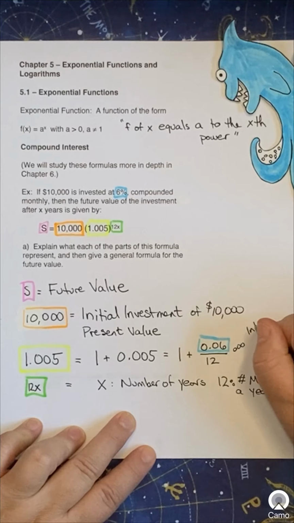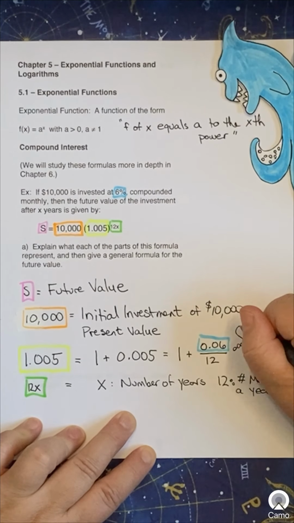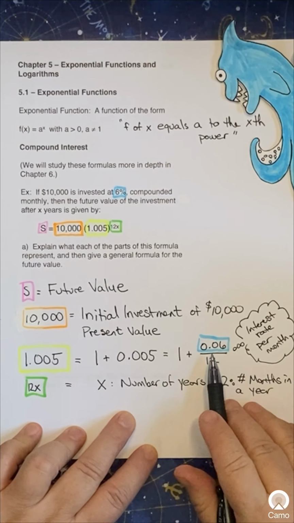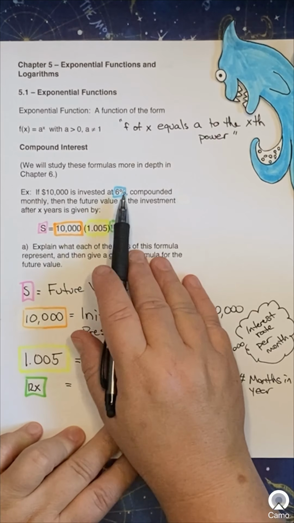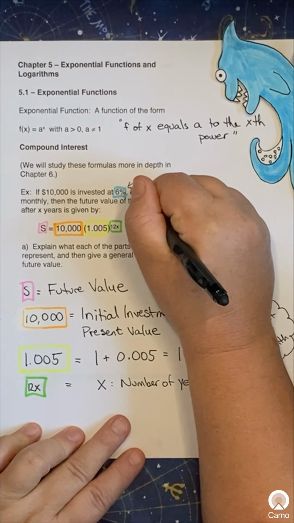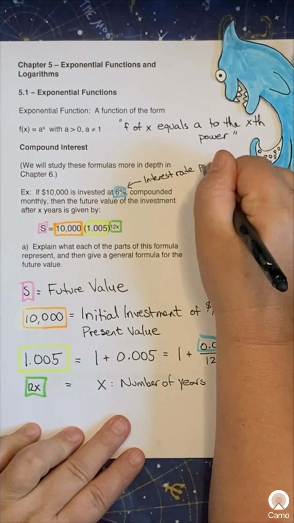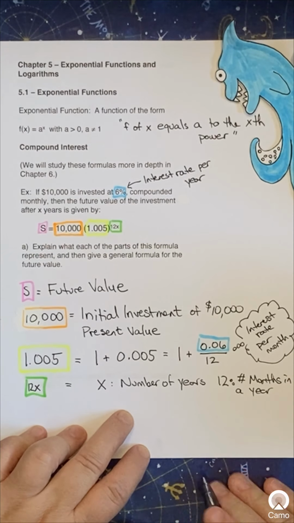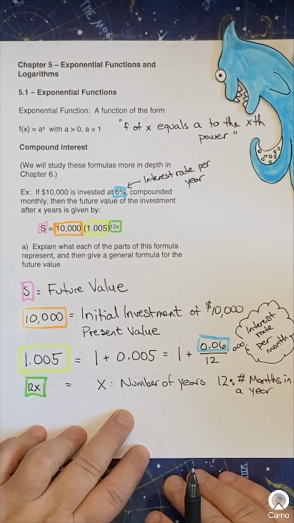This is the interest rate per month. That's the little thought bubble there. The interest rate per month is the 0.06 over 12. Whereas the 6% that's up here, this is the interest rate per year. Woohoo. Okay, so 6% per year is 0.06 divided by 12 per month.